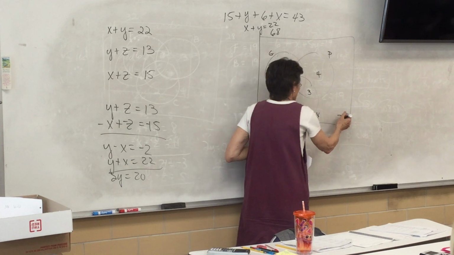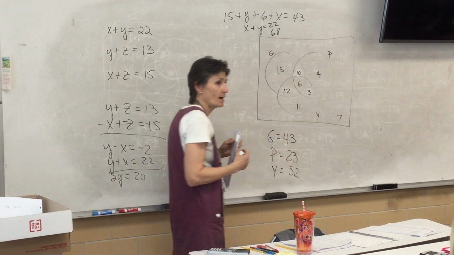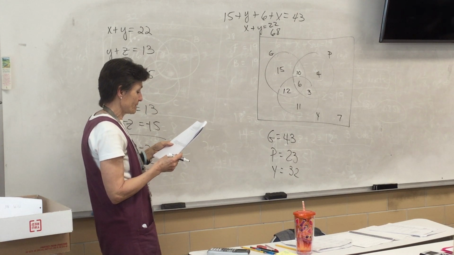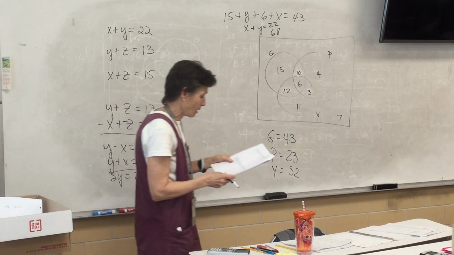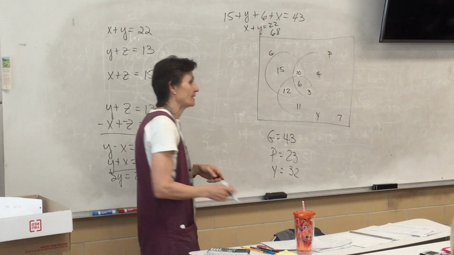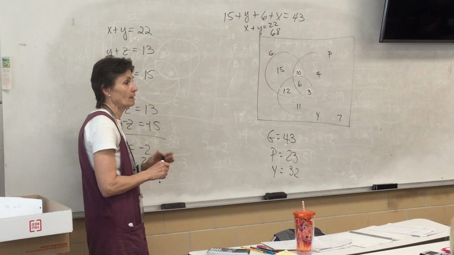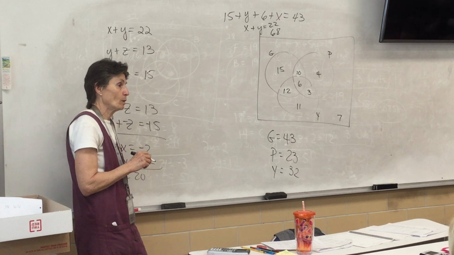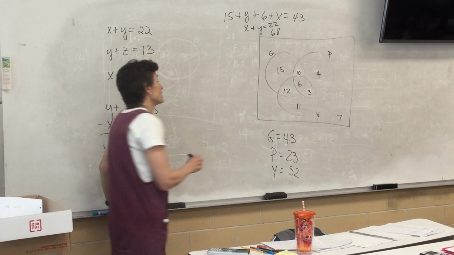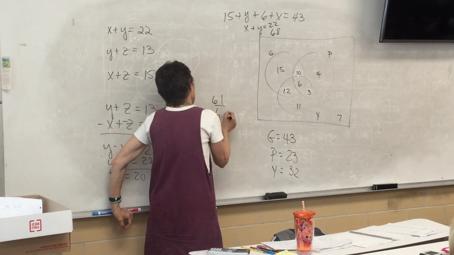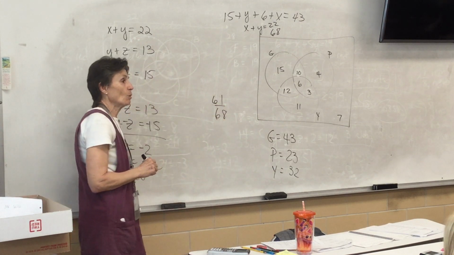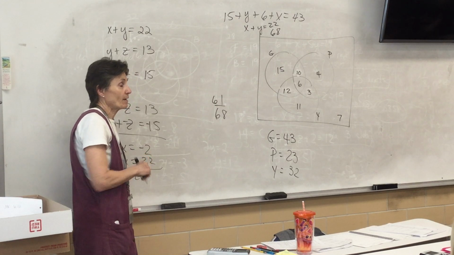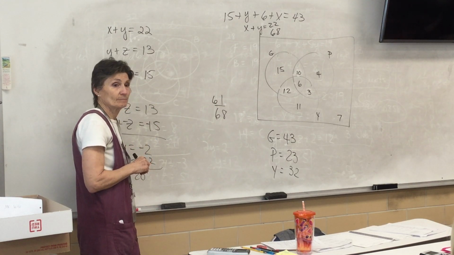So there's 7 people on here this time. If one student is chosen at random, what is the probability that he will like at least one color? At least one color. What do you think? 61 over 68, very, very good. Because the only people that don't like color are those 7. Everybody else likes something.